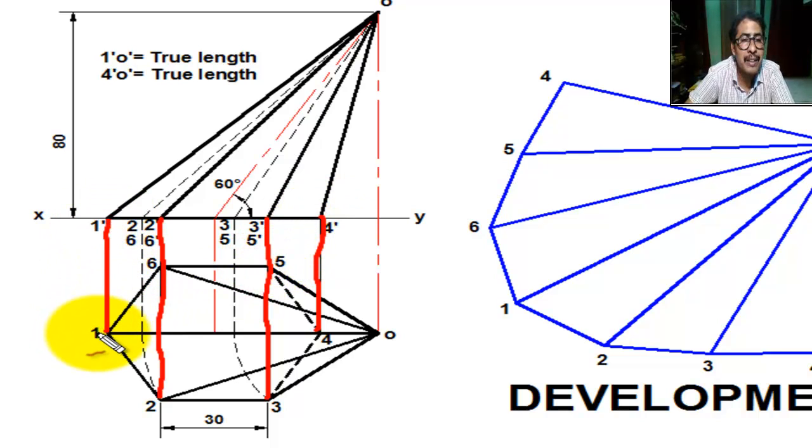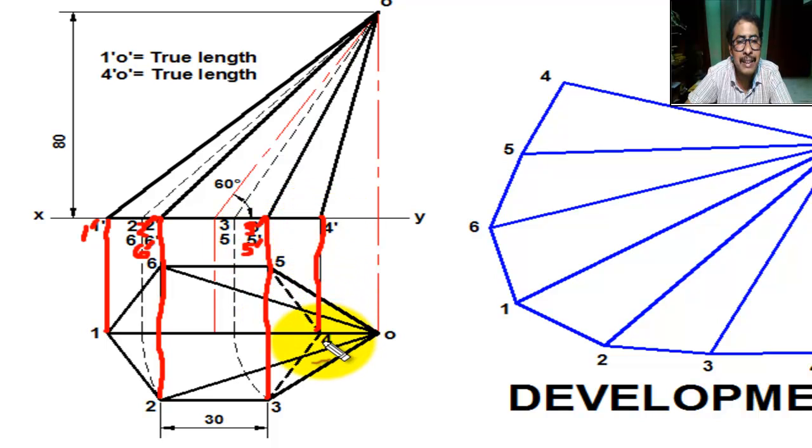Mark this point 1 dash. Mark this point 2 dash and 6 dash. Mark this point 3 dash and 5 dash.